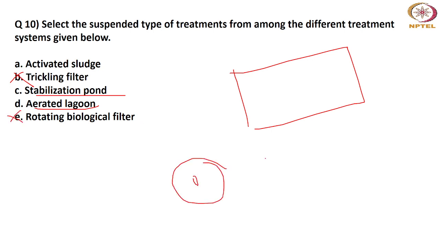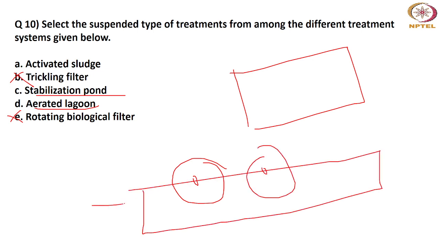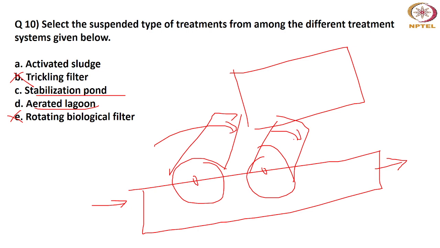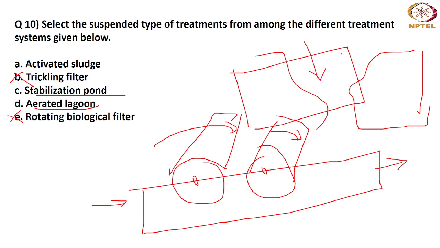But this trickling filter, rotating biological filter, is different. Rotating biological contactor is some device that will rotate. Suppose the water is coming this way and going this way, and there are some drum-like things. I hope you know about this rotating drum. It will rotate in this way. It is an advanced version of the trickling filter. Trickling filter is nothing but some kind of stones, and water is percolating through those stones.